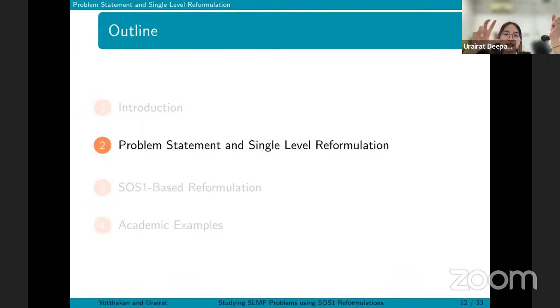They use the KKT conditions to change the problem of the follower, and then they use the SOS1 reformulation to help solve this problem. So the next section is the problem statement and single level reformulation.